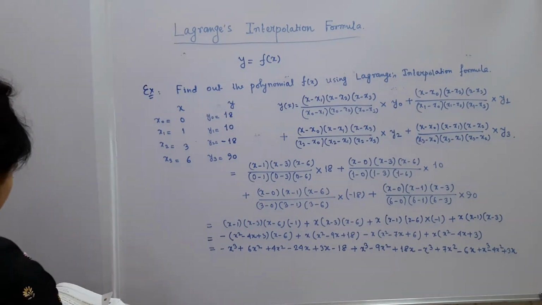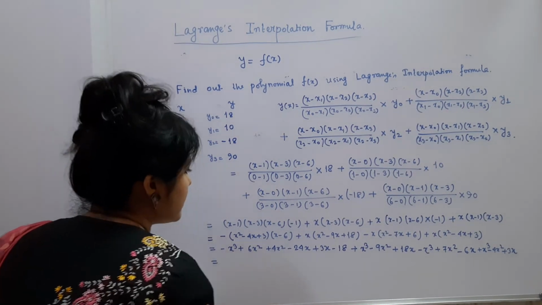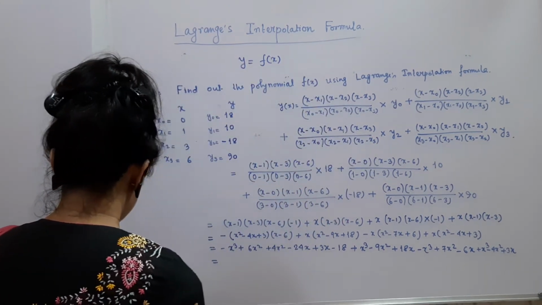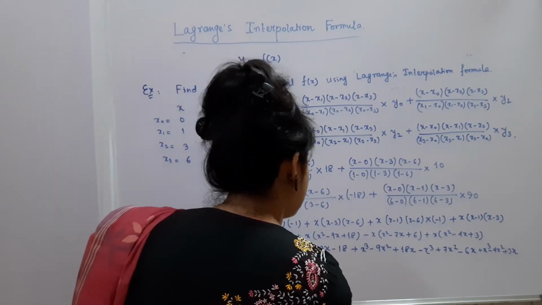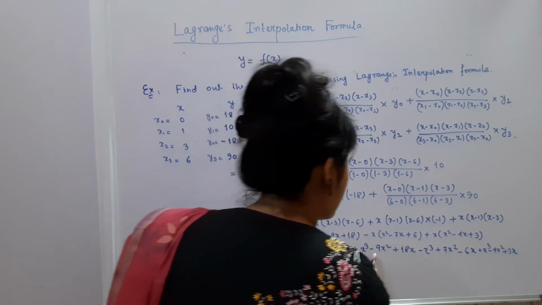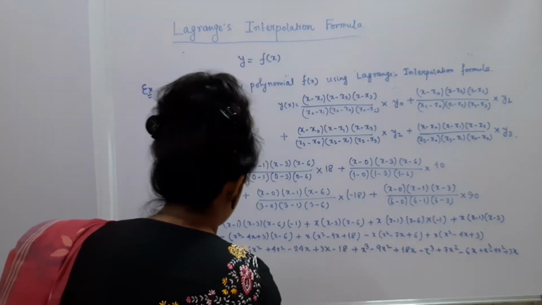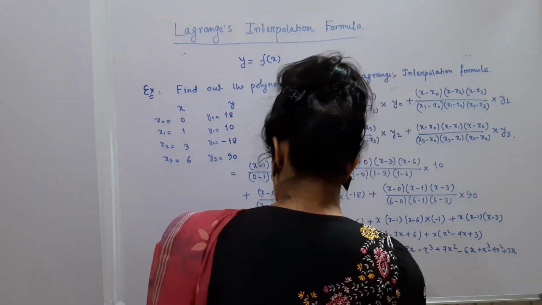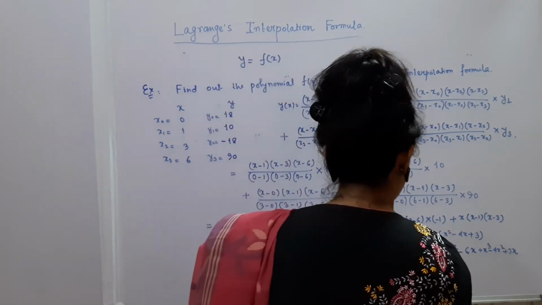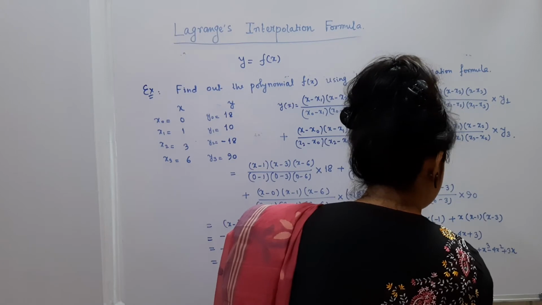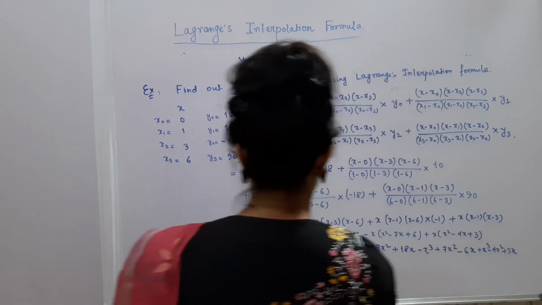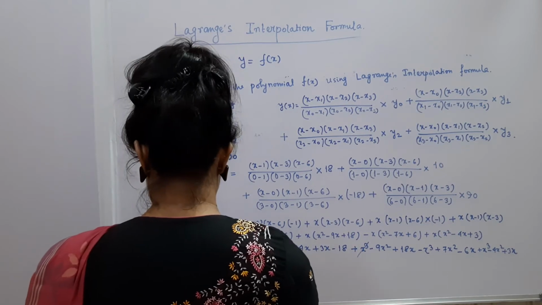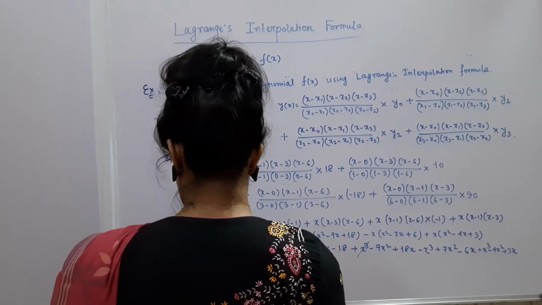Now just look at it, so minus x cube and plus x cube have been cancelled out, and therefore you have plus 10x square.